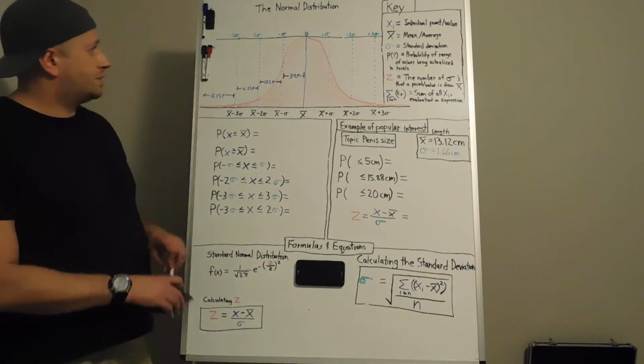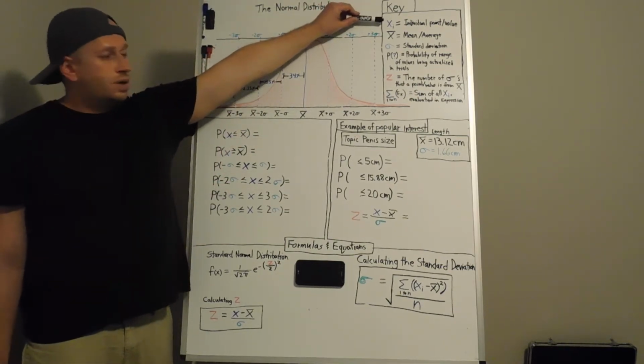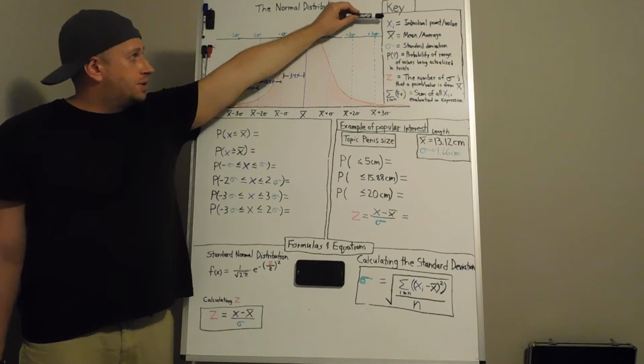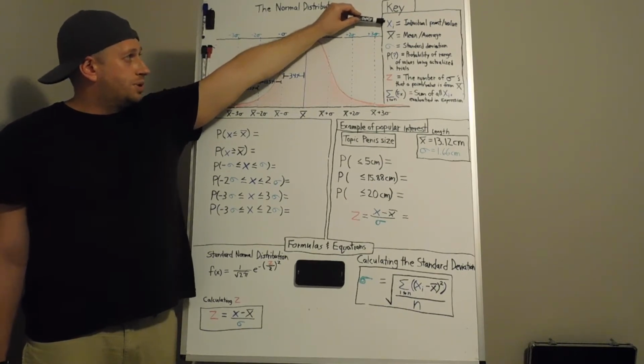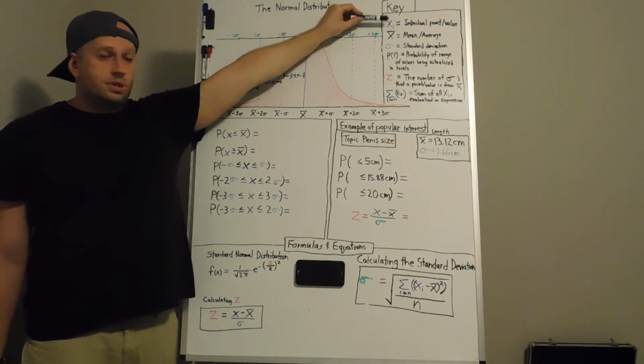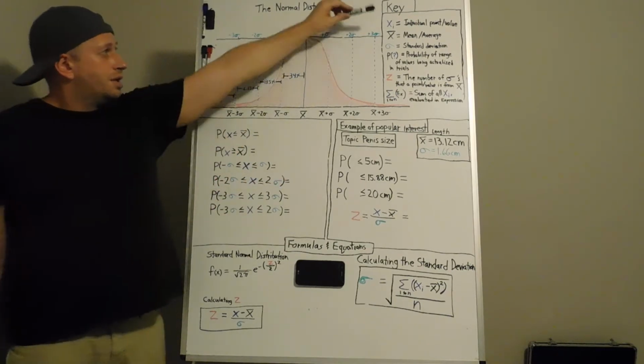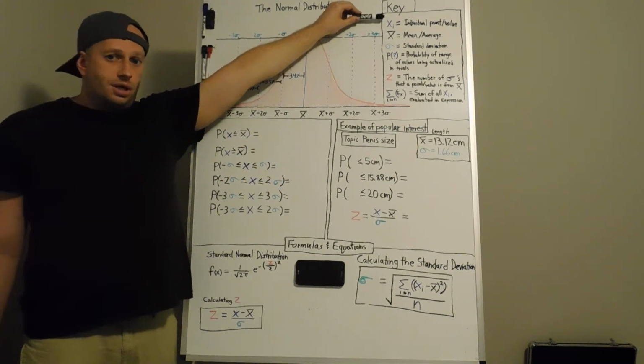So I want to start out with the key here. I don't know how well you can see the colors, but this is blue. Whenever you see a blue X with a subscript anywhere in here, that is just looking at individual points.